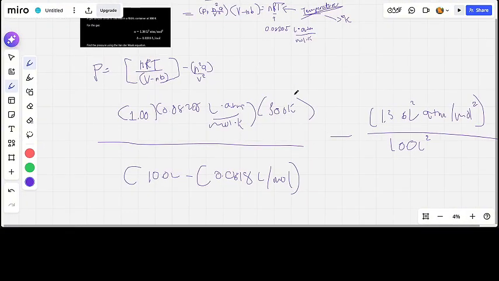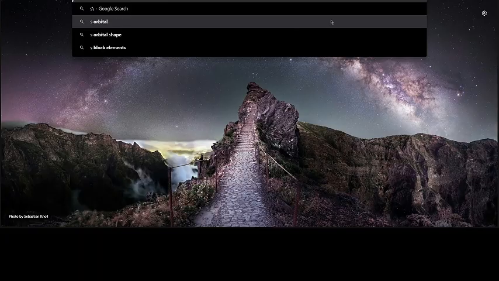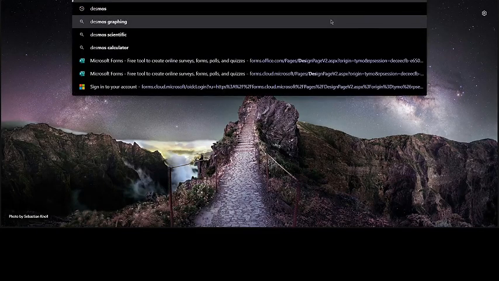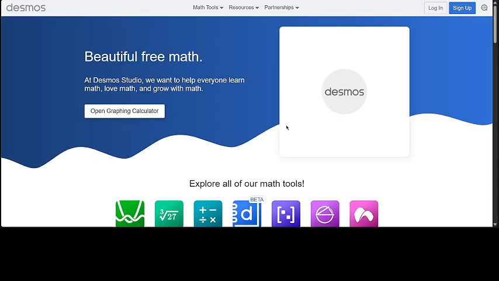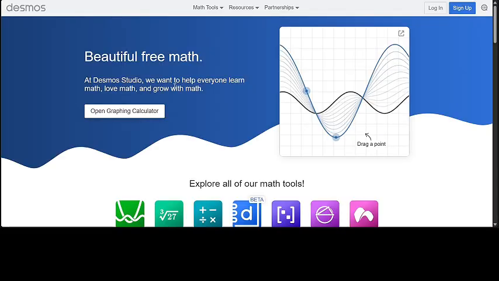So let's try to use decimals for this. Scientific calculator right here.